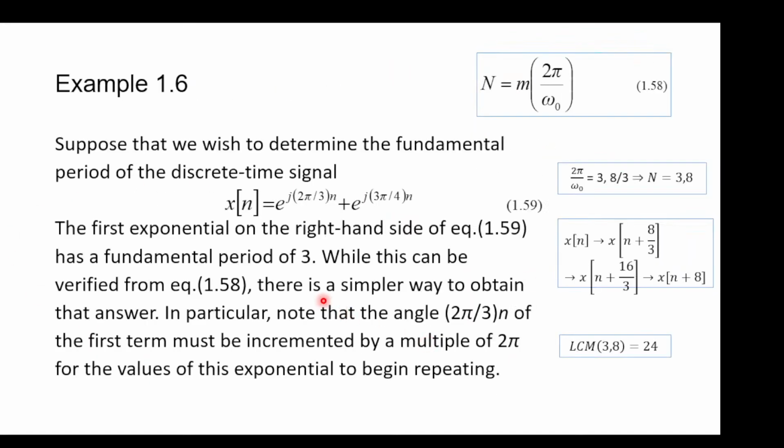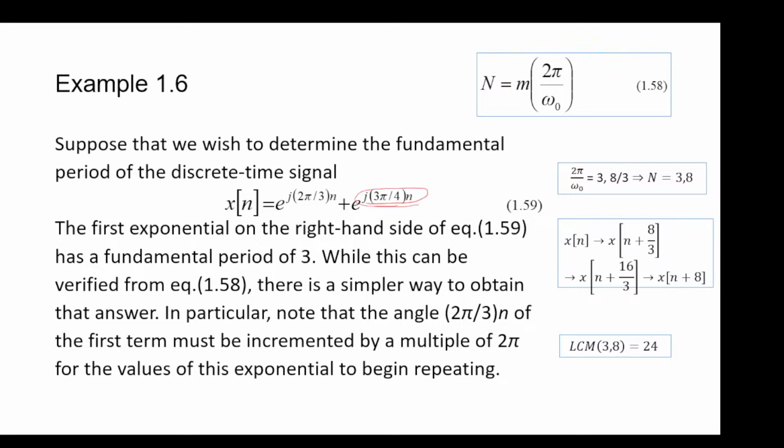Okay, so here we go slowly. Another way to see this is to look at what n are possible. For example, on this part, the e to the j 3 pi over 4 n part, we want this part to be some multiple of 2 pi.